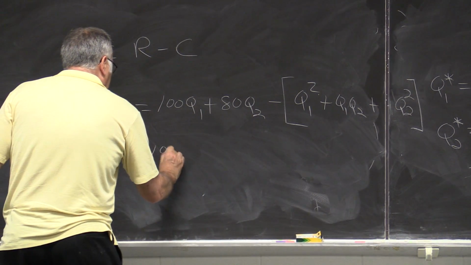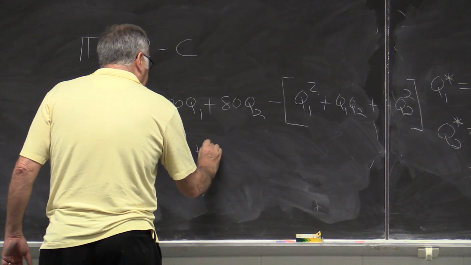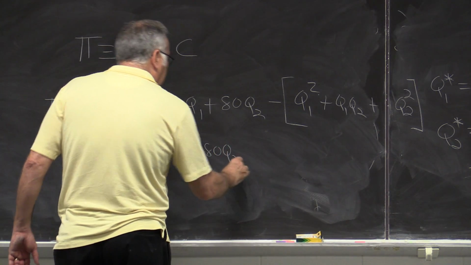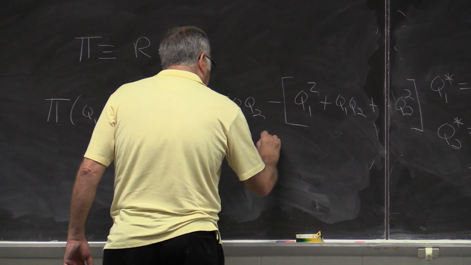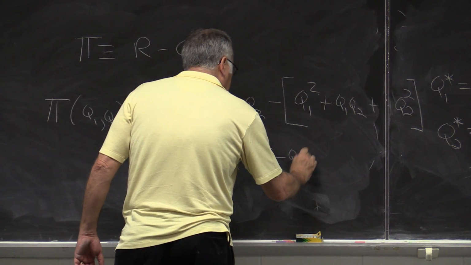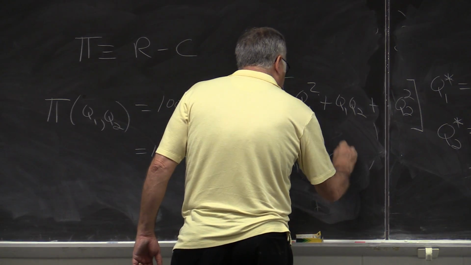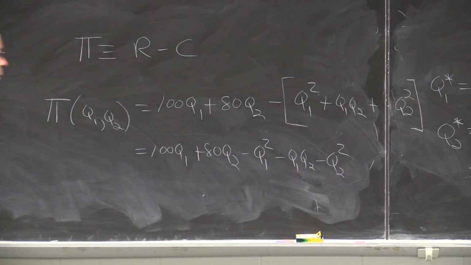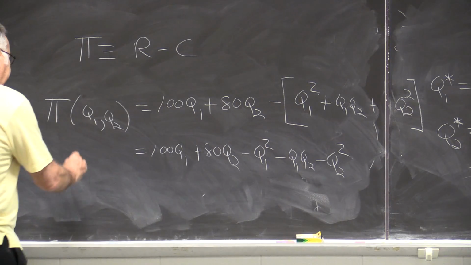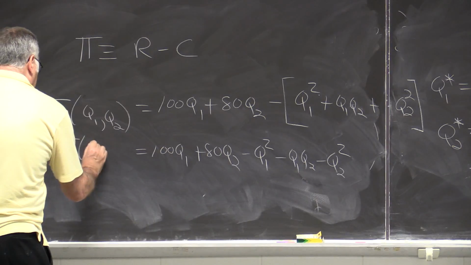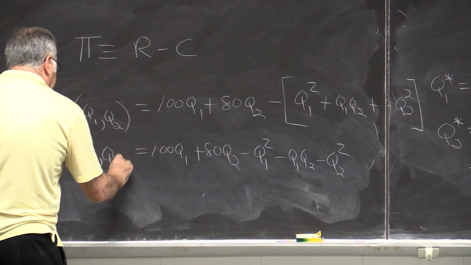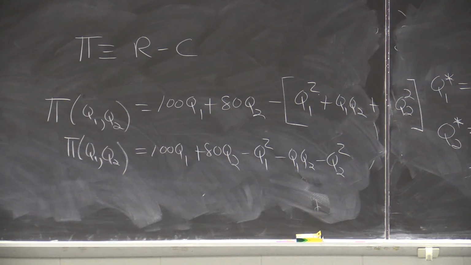It's 100 Q1 plus 80 Q2 minus Q1 squared minus Q1 Q2 minus Q2 squared. There we go. We can't simplify it anymore. That's good. This is our objective function. Whenever you're trying to maximize or minimize something, the first step is to get your objective function, the thing you're trying to maximize in this case.